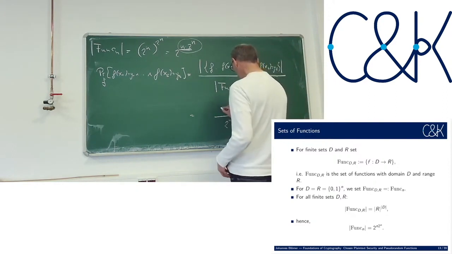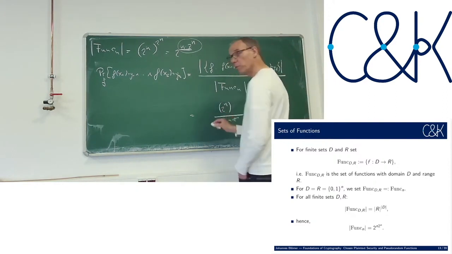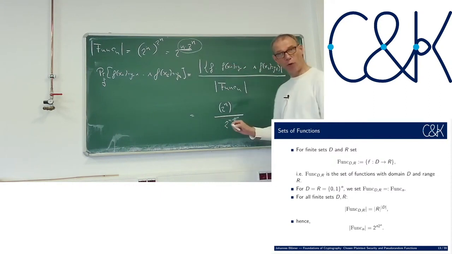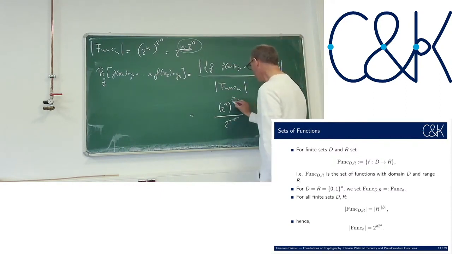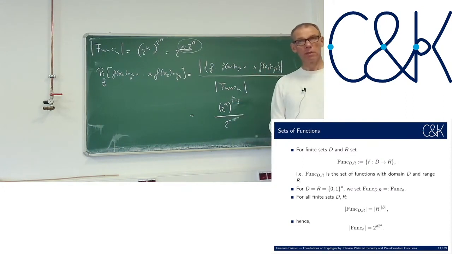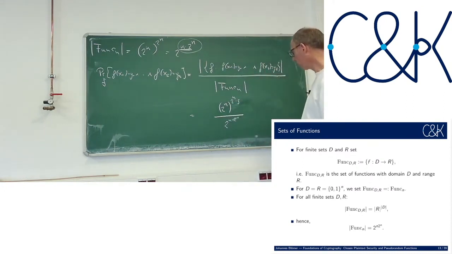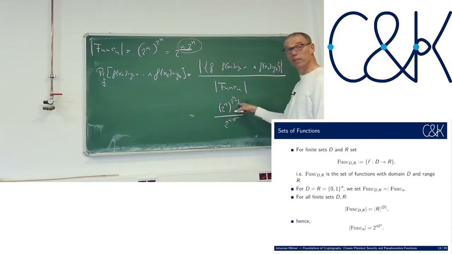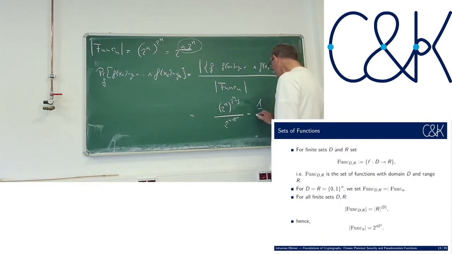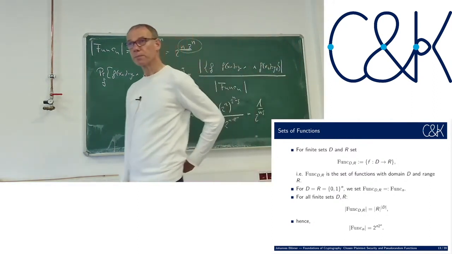I can pick any of the possible images for the remaining elements, namely 2 to the n minus S many. Okay? And then we are done, right? Because then this and this here cancel, and we are just left with this minus S here. So this is 1 over 2 to the n times S. We are done.